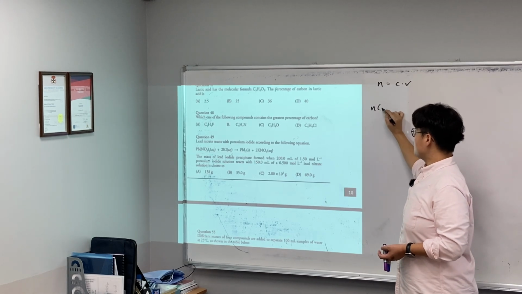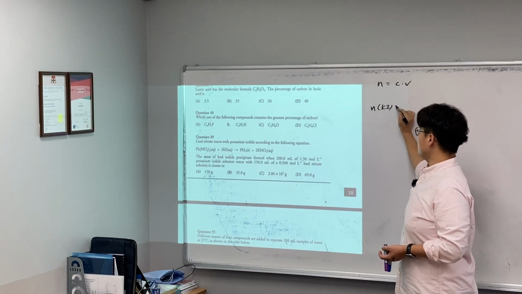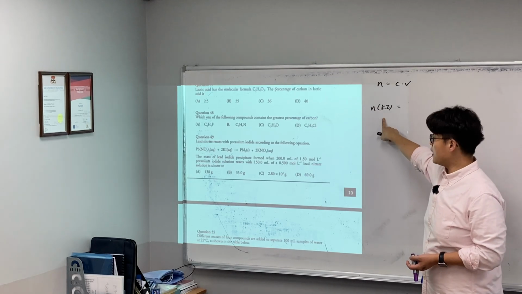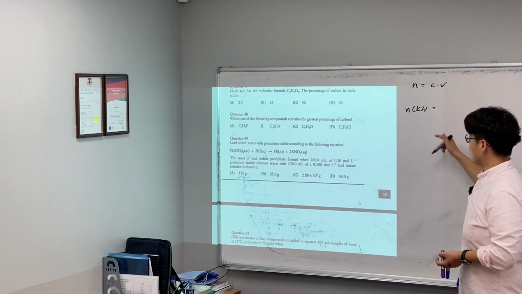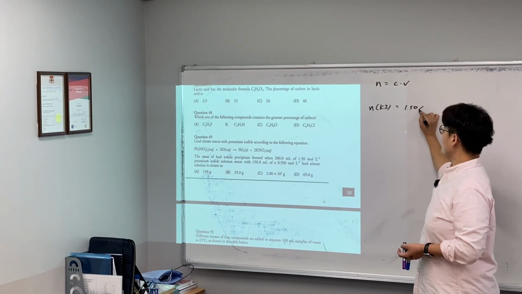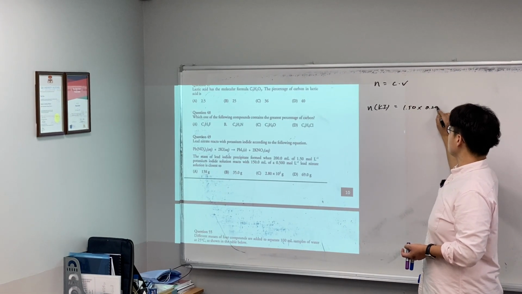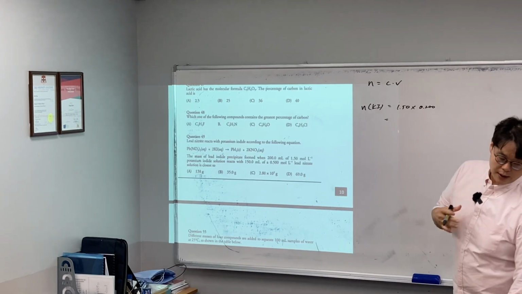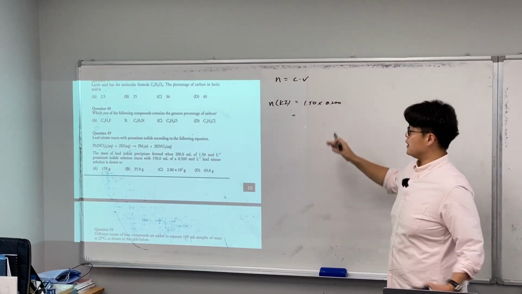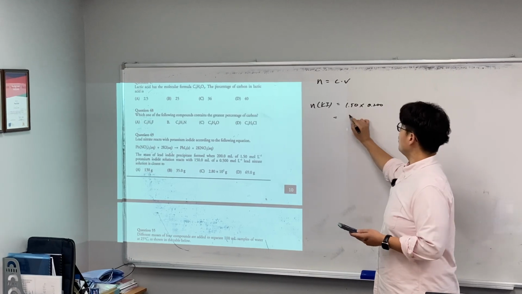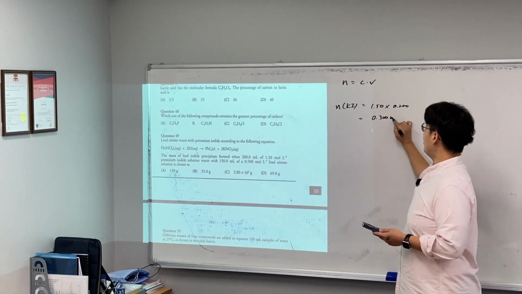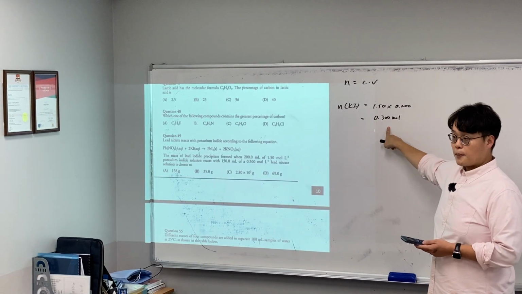I can go straight to find the number of moles of the potassium iodide from the volume and the concentration value. So that would be 1.5 times 0.2. Make sure you change your unit to liters. You'll get 0.300 mole. That's the number of moles of the potassium iodide.